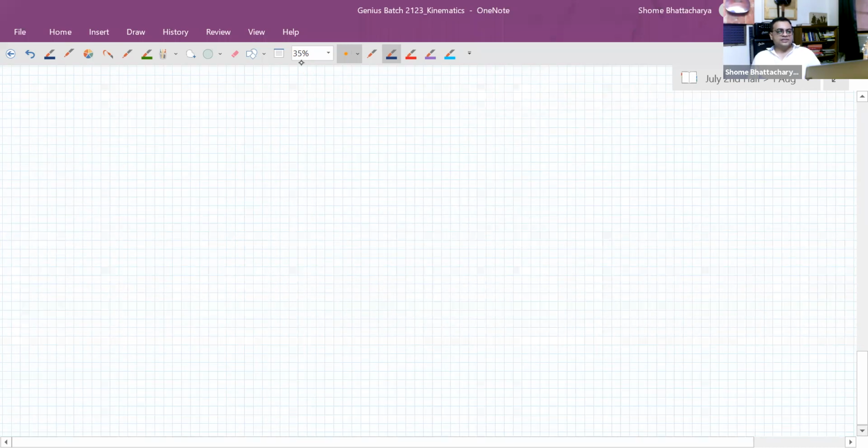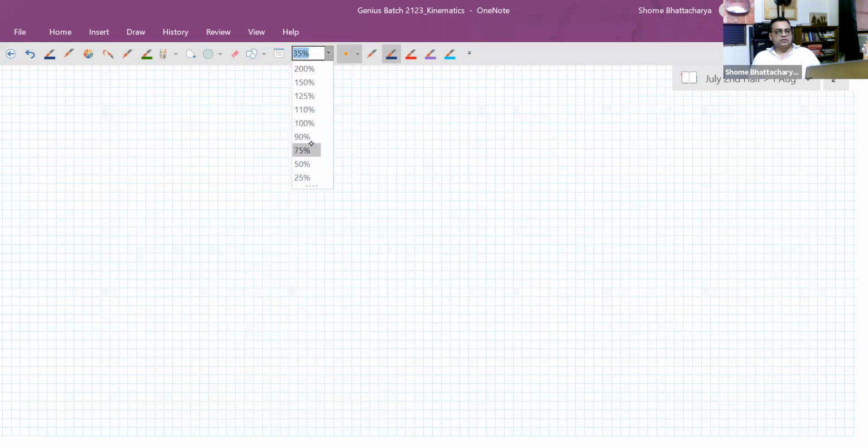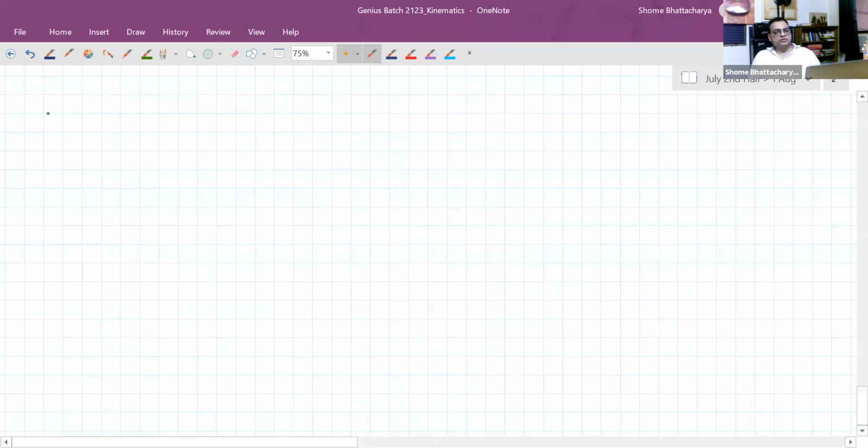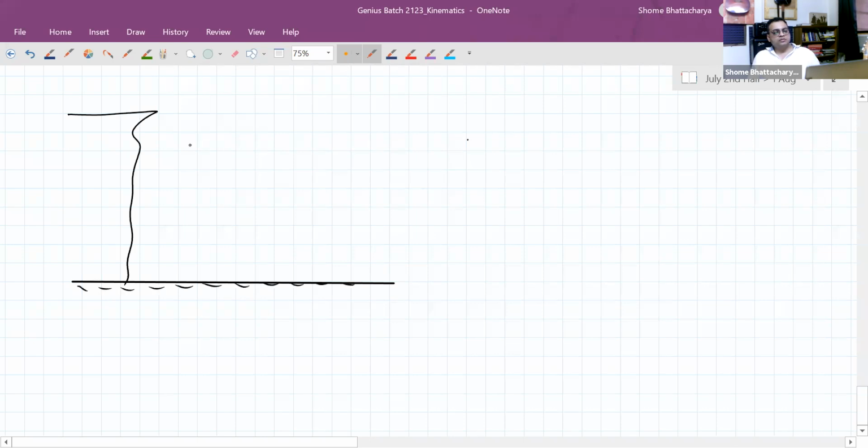Okay, now let's move to the second case of this kind of motion, downward motion due to gravity. Now this time, instead of releasing the object from rest, suppose we are throwing it down. Its motion is straight line downwards only, but the difference is it has an initial velocity.